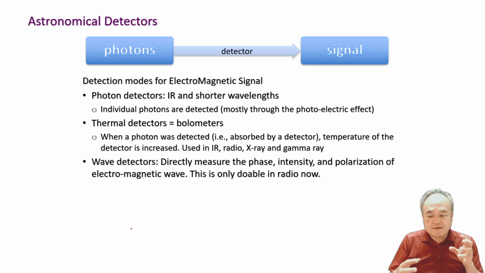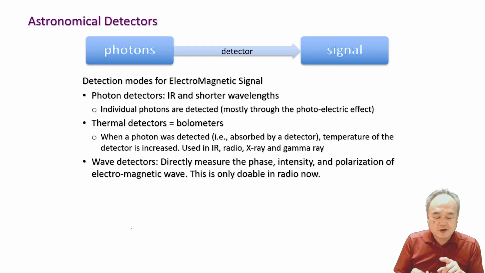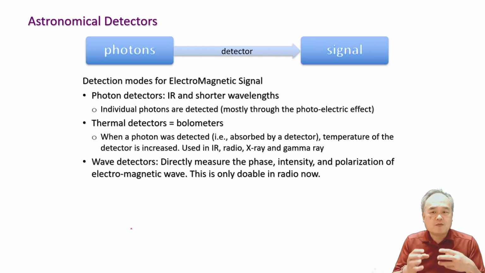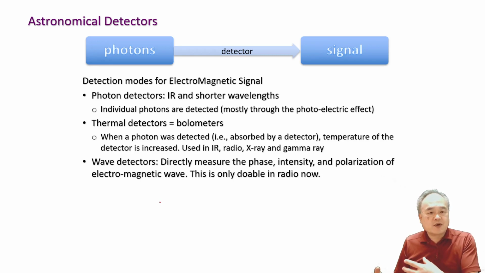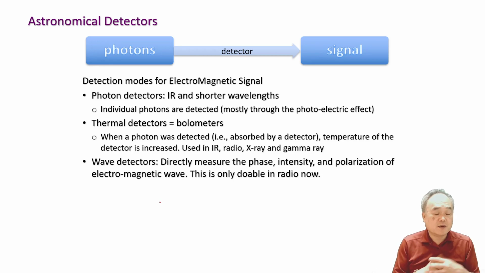In the infrared and shorter wavelengths, so infrared, optical visible light, UV, X-ray, and gamma ray, we are detecting photons one by one. So it is known as a photon detector. How individual photons are detected, as you will see in the next video, is by converting the photons into photoelectrons through the photoelectric effect.